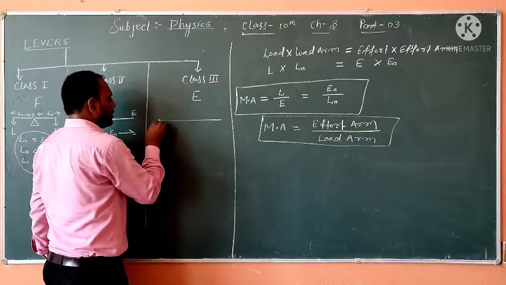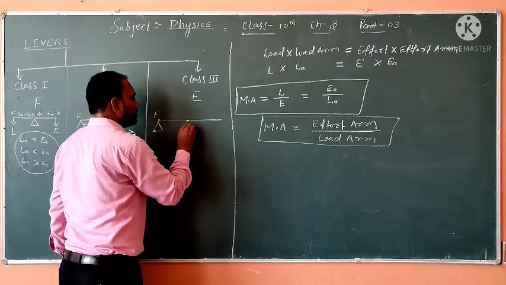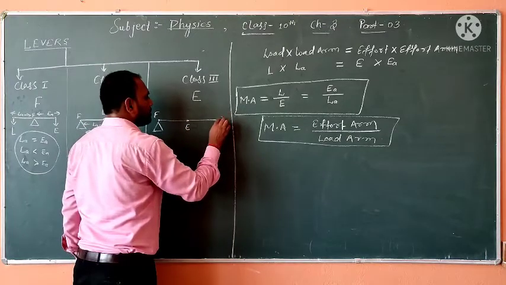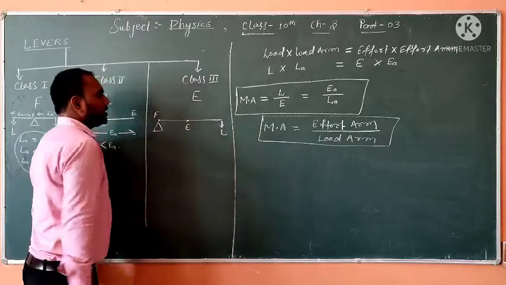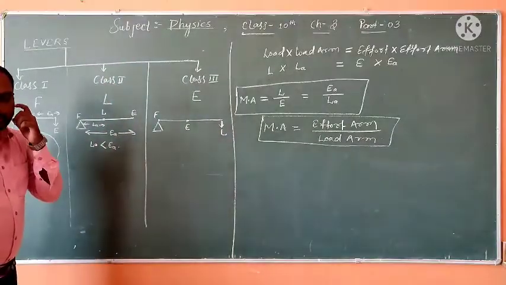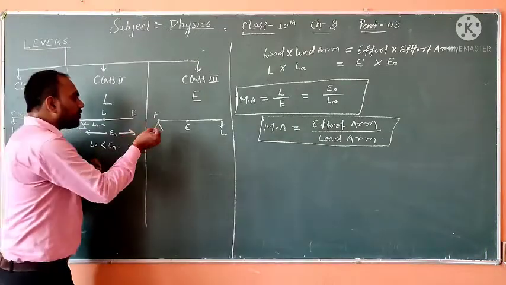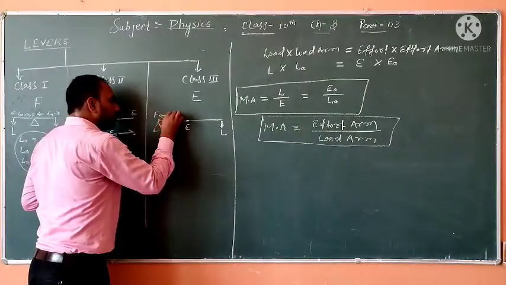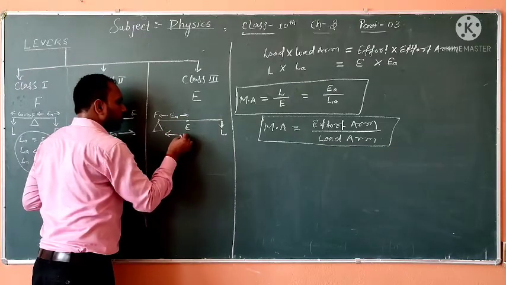If the fulcrum is here, now the effort will be in the middle and the load will be here. In this case, the effort arm will be less than the load arm.